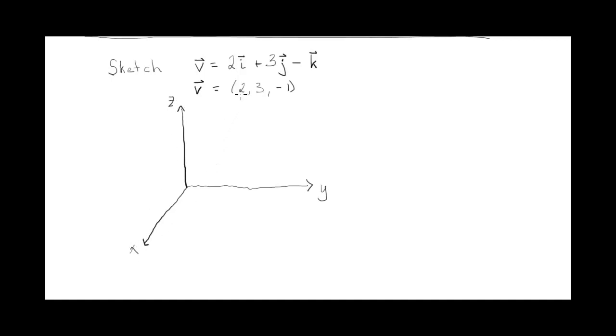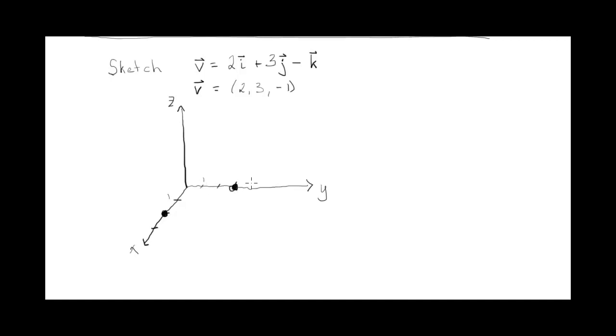Okay, so 2, 3, minus 1. So 2 along the x-axis. So this will be 1, and this would be the point 2, 0, 0. And then 3 along the y-axis. So that's 1, so this would be 3.